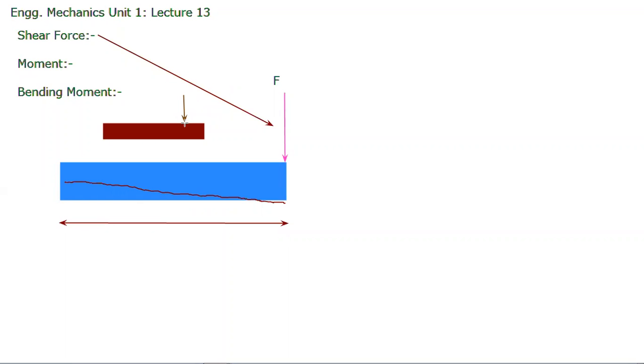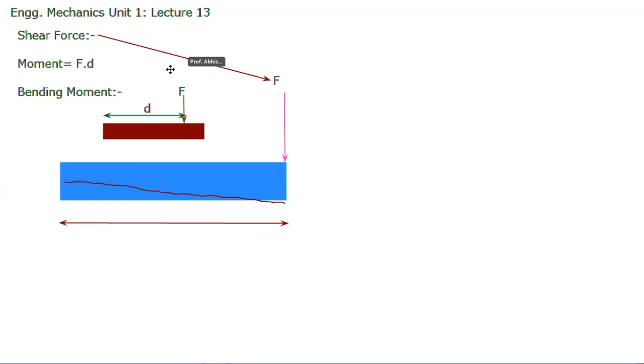Only a simple force is acting here at certain distance, suppose that this distance is small d. Then F multiplied by small d will be your moment here. Okay. Shear force will be your capital F. This is nothing but the shear force.